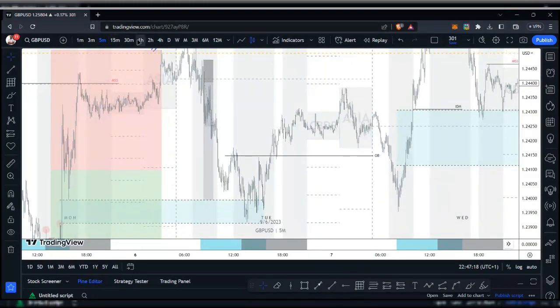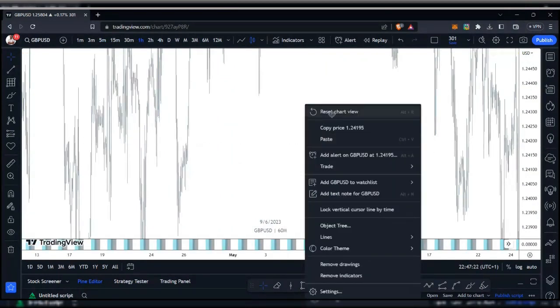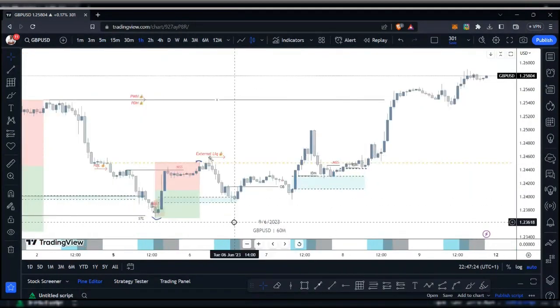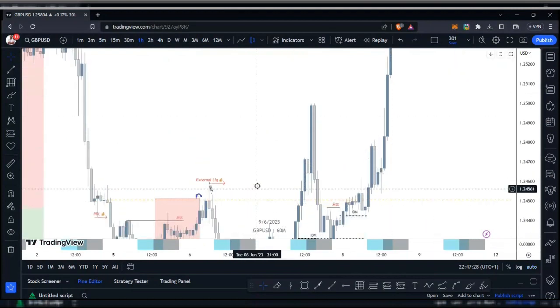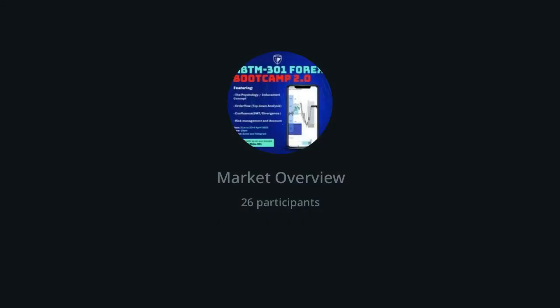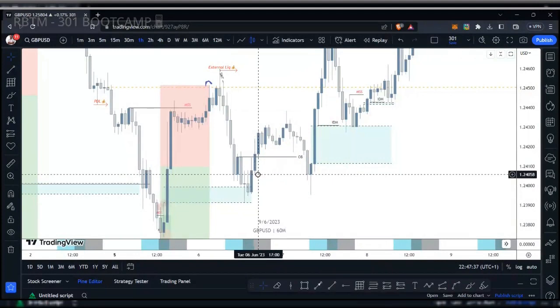All right. Let's go back to the 1 hour. Let's see Tuesday and Wednesday so that we are clear. This is Tuesday, this is Wednesday. You can see this other block that price came into, we swept this internal liquidity.